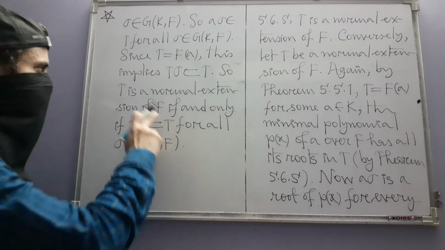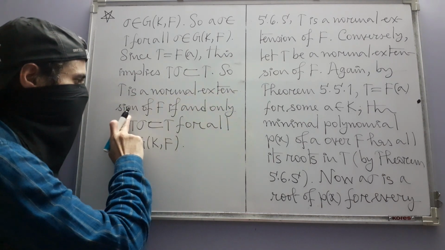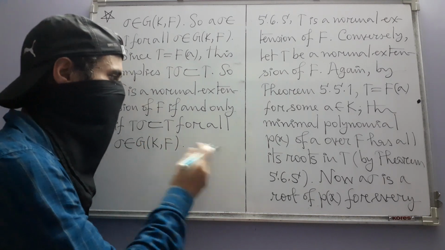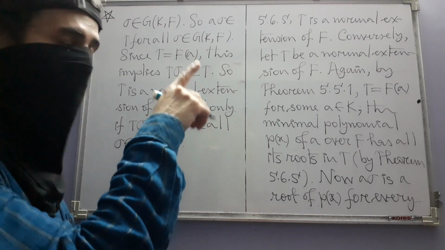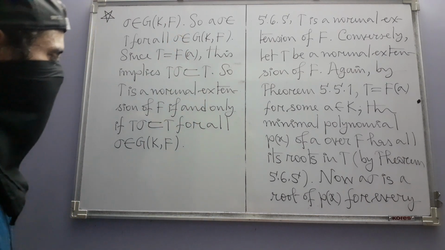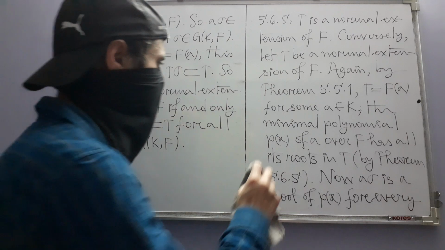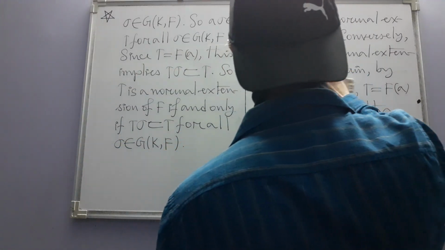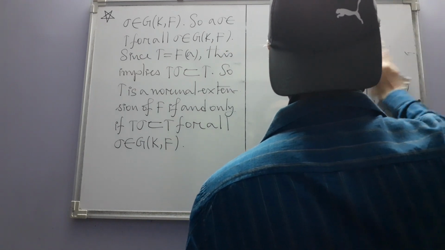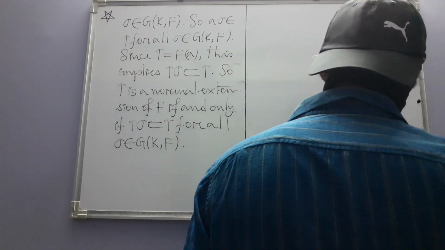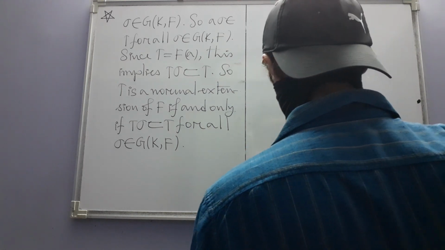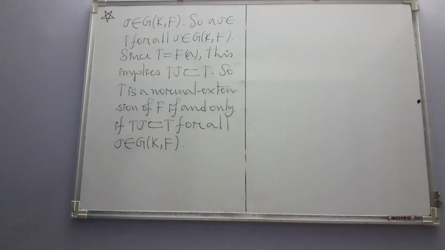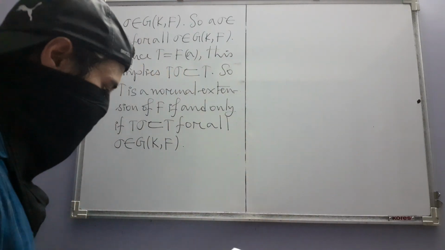So now instead of working with this normality, we can work with this to show that this condition itself is equivalent to normality of that subgroup in the Galois group. So now we aim for that.